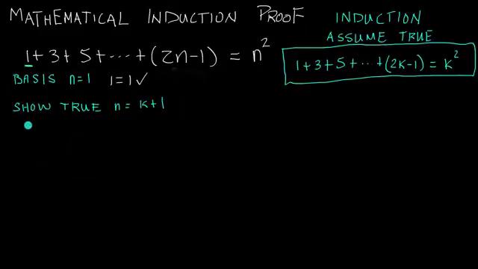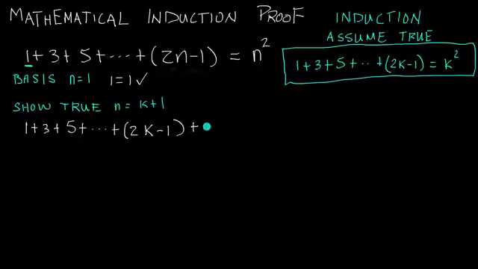The way we do that is we simply write 1 plus 3 plus 5 plus, and then we go all the way up to the n equals k term: 2 times k, placing k where n is, minus 1. This would be for n equal to k, but we want to show that it's true for n equals k plus 1, so we need to add that next term.